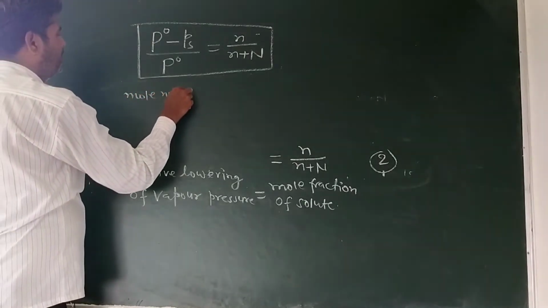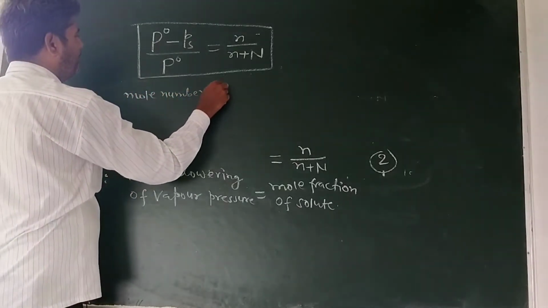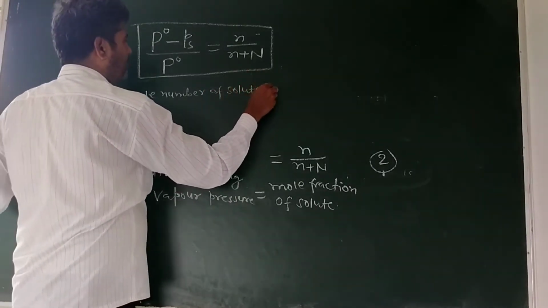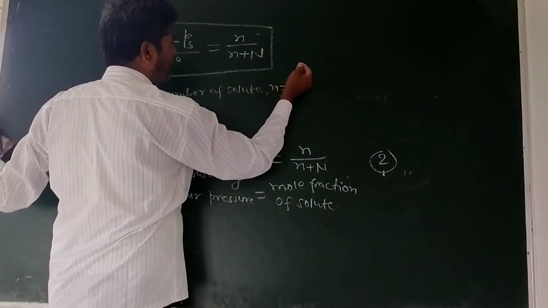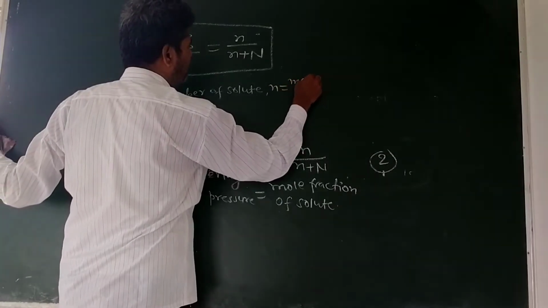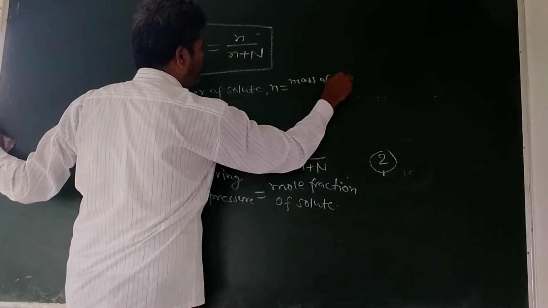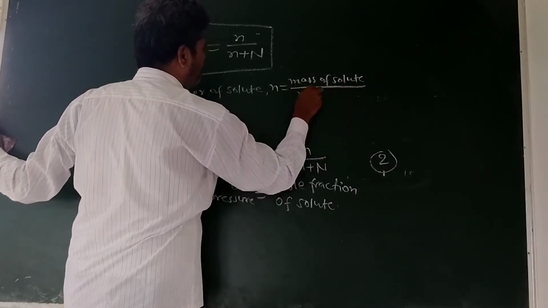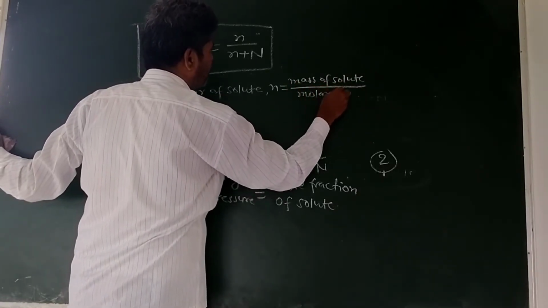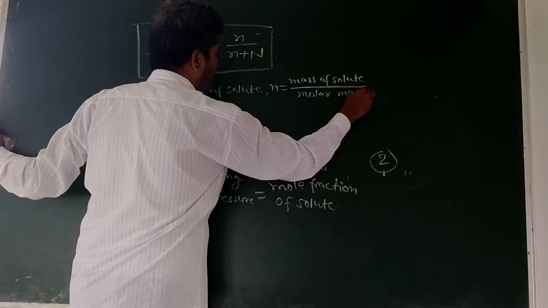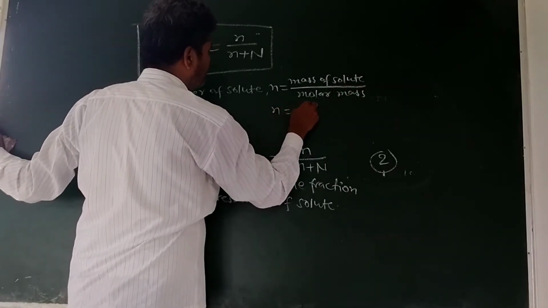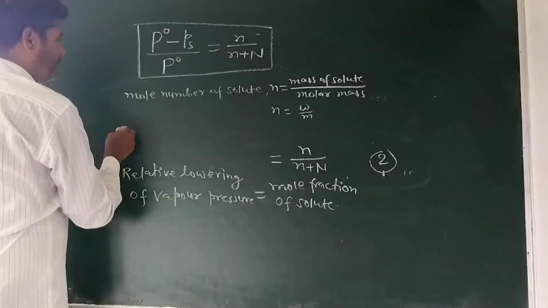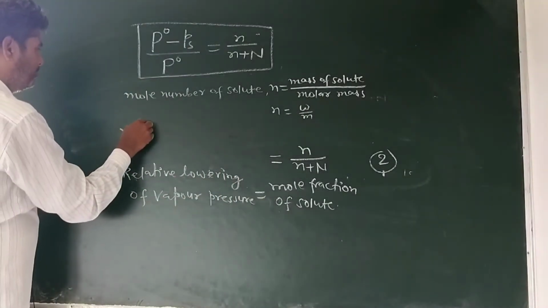Mole number of solute, small n, is equal to mass of solute upon molar mass of solute, that is small n is equal to small w upon small m.